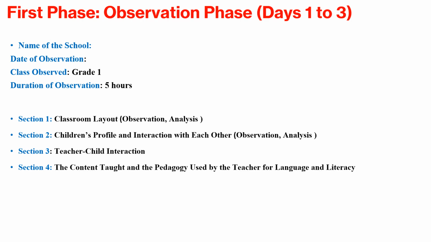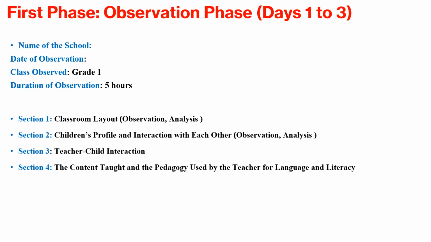Then the duration of the observation, the whole day's observation, usually 5 hours in primary schools. After this, there are a total of 9 sections, meaning 9 topics are given. You have to observe everything thoroughly and write down the observation and your analysis for each given topic.